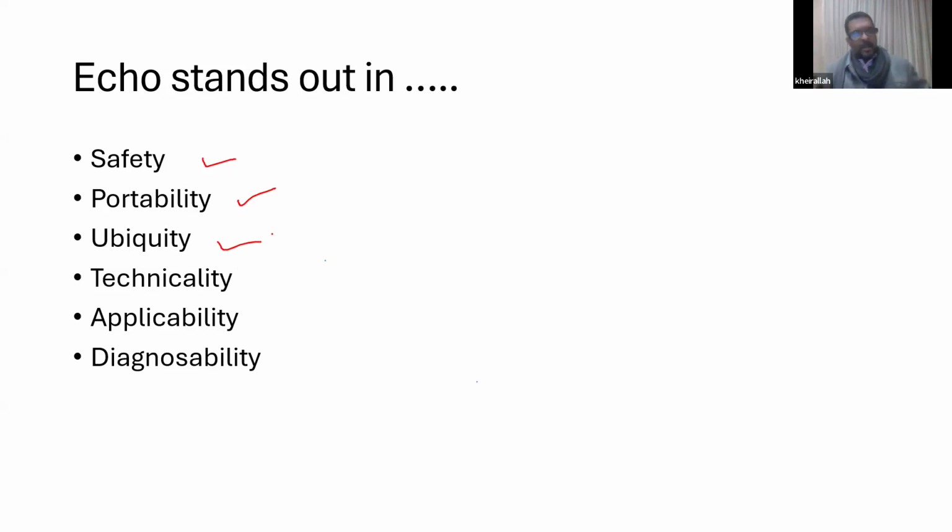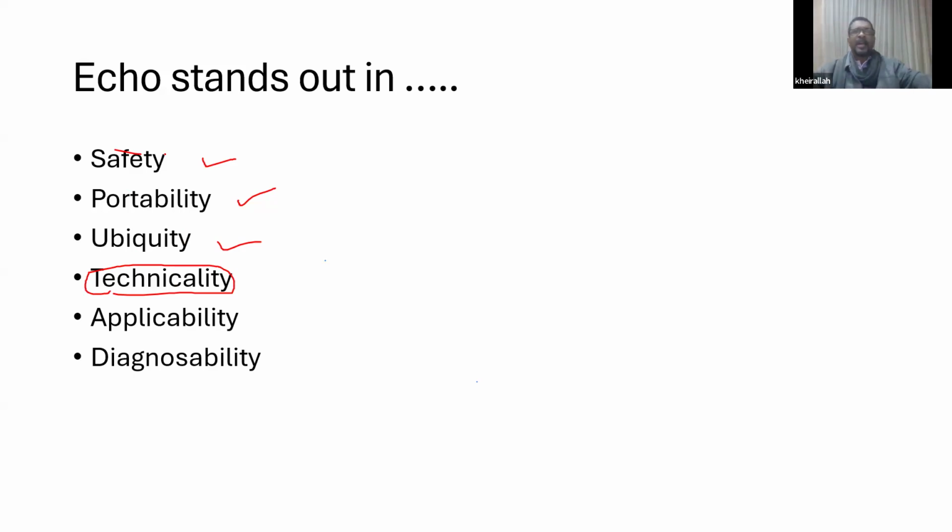It's like technicality is also هنا تختلف. التكنيكاليتي of echo is a bit difficult compared to CT MRI. CT MRI is more algorithmized بمعنى it is software dependent. يعني انت قاعد في السي تي ولا قاعد في الام ار اي protocol is so clear.